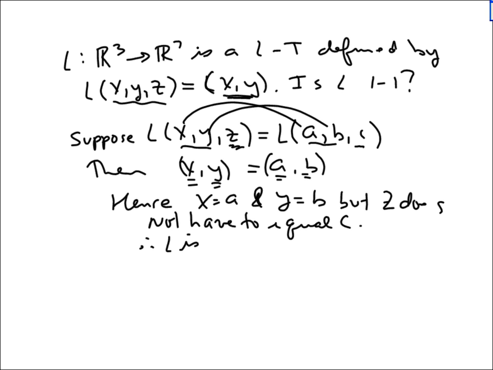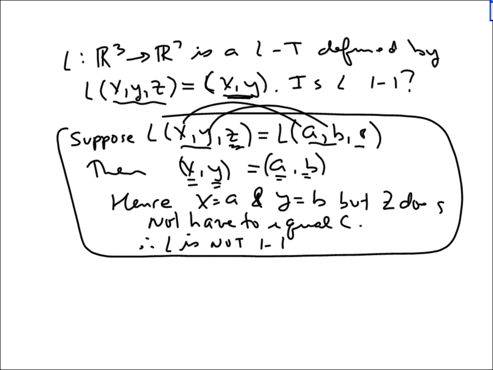Therefore, L is not one-to-one. Now, if you notice, the last components don't have to be equal. So here is one argument to show that L is not one-to-one.